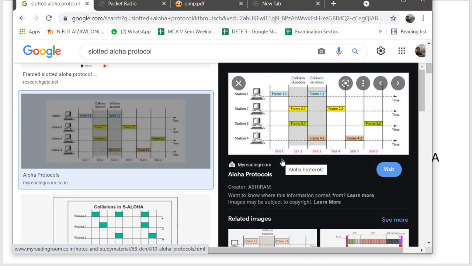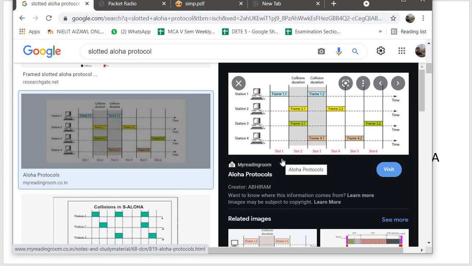In this, only transmission attempts within one frame time, and not two consecutive frame times, need to be considered, since collisions can only occur during its time slot. So these are the advantages of the slotted aloha protocol.